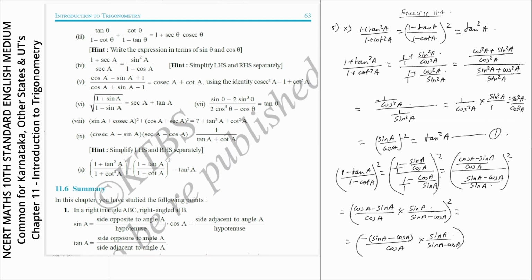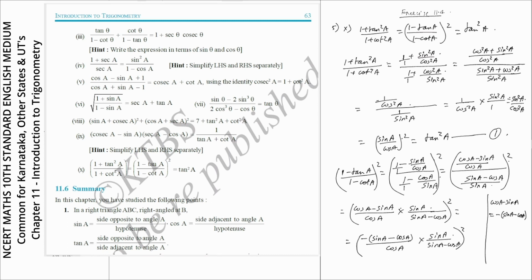Effectively I have made no changes. Cos a minus sin a I can also write as minus of (sin a minus cos a). If I open the bracket, I'll get the same thing, the original only.